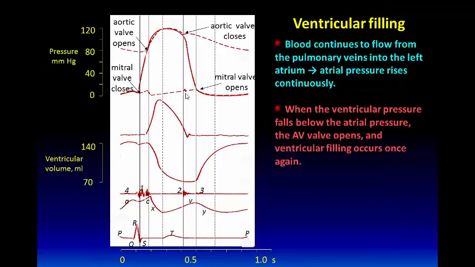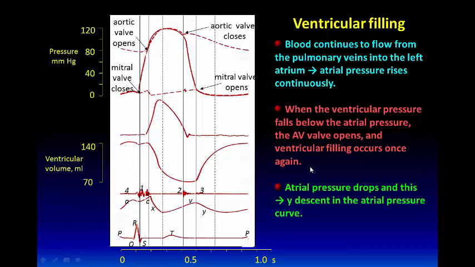So ventricular filling. Because of the continuous flow of blood from the pulmonary veins into the left atrium, atrial pressure rises continuously, and when the left ventricular pressure falls below the atrial pressure, the mitral valve opens and ventricular filling occurs once again.